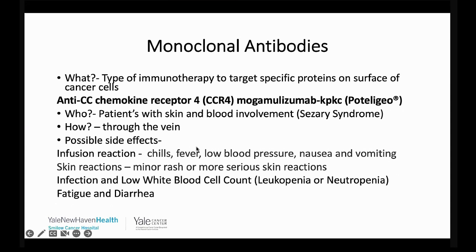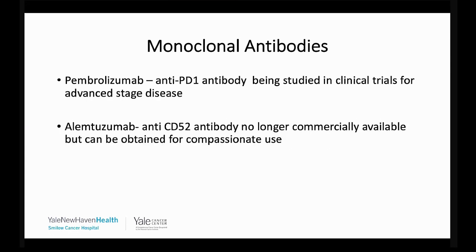Possible side effects include an infusion reaction when you first get this drug, which can present as chills, fever, low blood pressure, nausea, or vomiting. Otherwise, other side effects can be skin rash, sometimes more severe skin reactions, risk of infections, and fatigue, diarrhea. It can cause low blood counts, but this side effect is not as common.